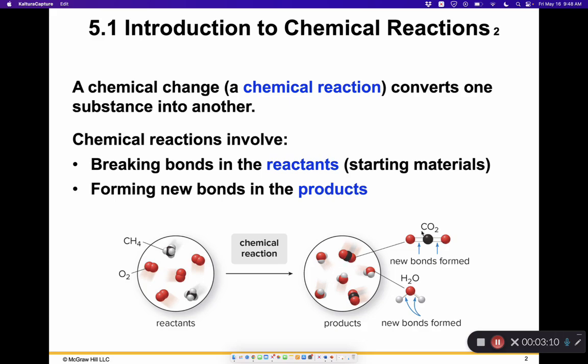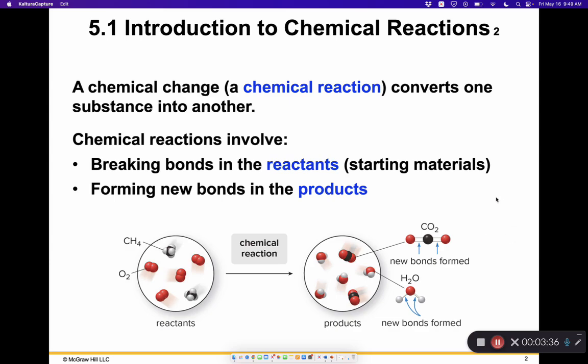As a result, we end up making carbon dioxide, you see here linear carbon dioxide with two new bonds, and also the water molecule, which is a new product here. So from reactants methane and oxygen, after the reaction we got products water and CO2, carbon dioxide.